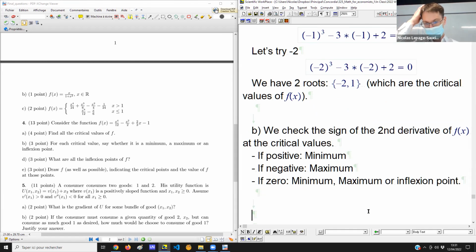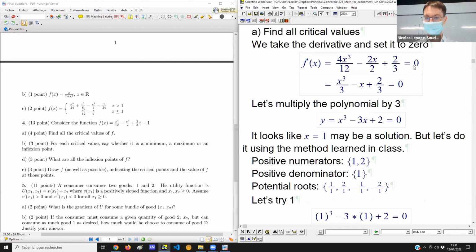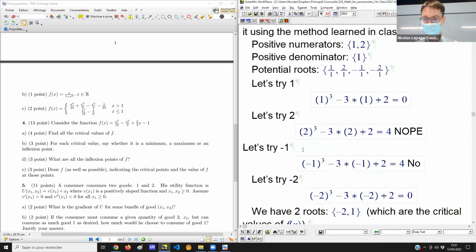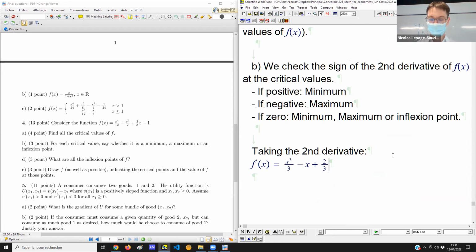Okay, so taking the second derivative. So I have that. And then we check the critical values.